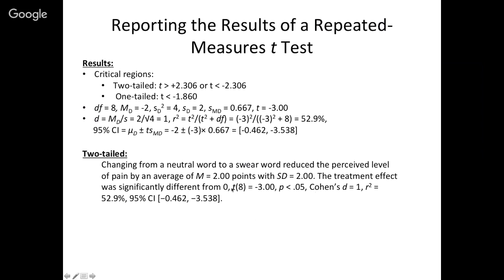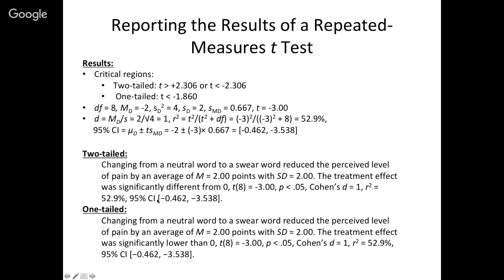And then after t and p, we report the Cohen's d here. After Cohen's d, we report R square here. And at the end of the sentence, we report the 95% confidence interval.